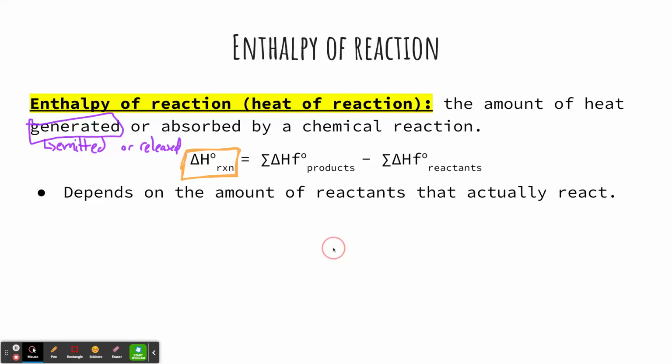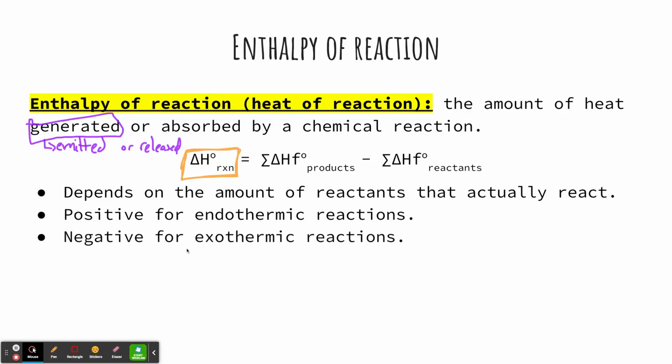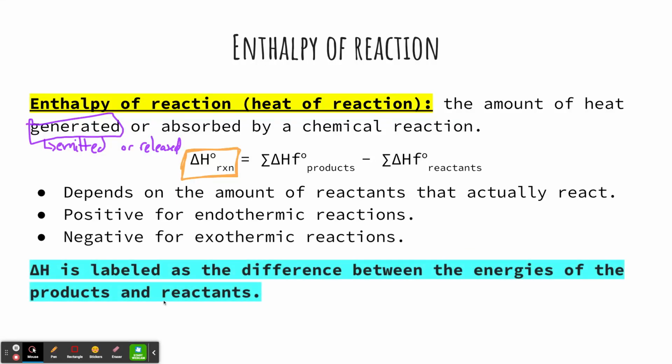That's pretty simple to state, right? It will be positive for endothermic reactions, negative for exothermic reactions, and delta H will be labeled as the difference between the energies of the products and reactants. Okay, so that's essentially what this equation is stating, but for right now, it's more important for you to understand what's happening, which is why I labeled it in blue.